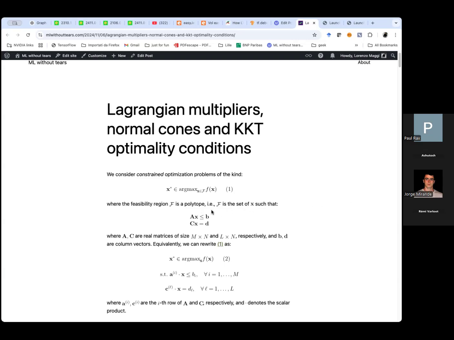So the constraints are in linear form, although these famous KKT conditions apply to any form, but I think it's much better to learn this way and then generalize to any kind of constraint. Let's say that we have this polytope that this point has to lie inside.